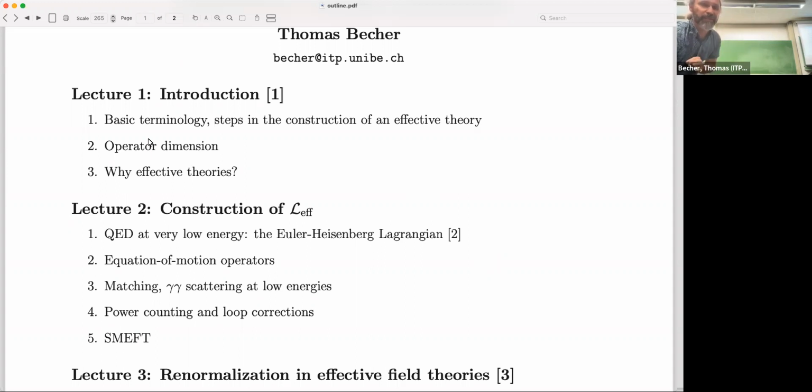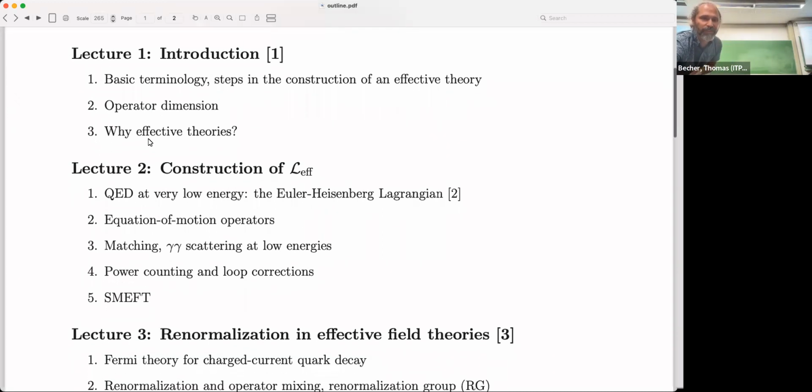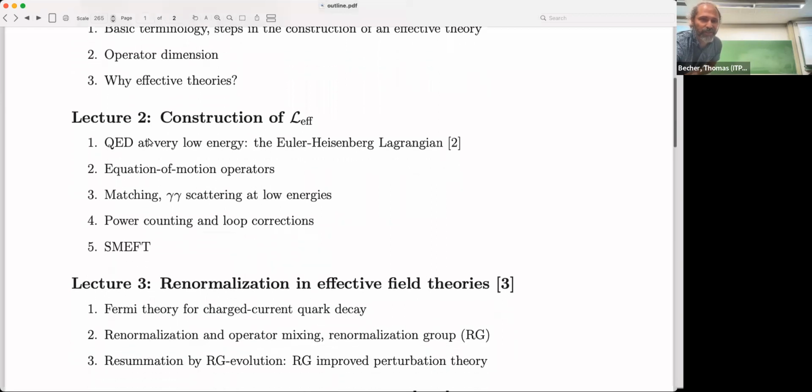What are the basic steps in constructing such an effective theory? One concept that will be important is what is the dimension of an operator. So Matt talked about Lagrangians, and we'll write down very long Lagrangians, and we have to order terms, and then it will be important to know what the dimension of these different terms are in a Lagrangian.